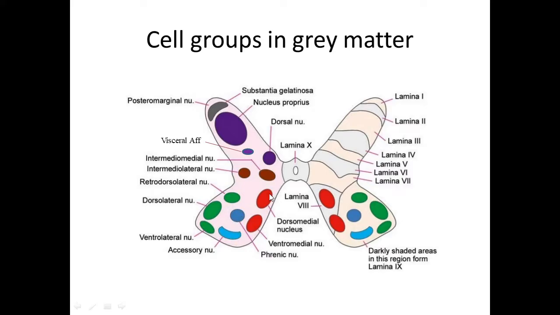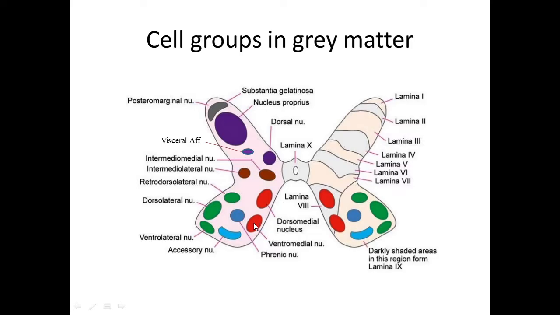Now medial group supplies the skeletal muscles of the trunk, and in the thoracic segment it occupies the whole anterior gray column. So this medial group supplies the trunk muscles, and in the thoracic segment it occupies the entire anterior gray column.